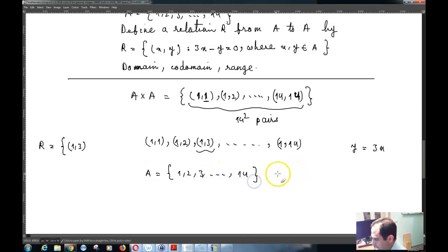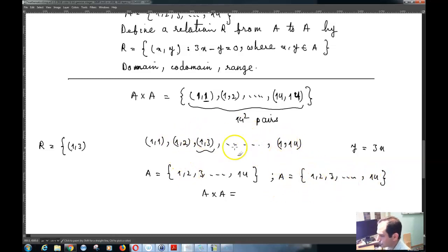And then again you have the same set A, 1, 2, 3, all the way up to 14. And now you want to calculate A times A, which is 1, 1, 1, 2, 1, 3, and so on, all the way up to 1, 14.